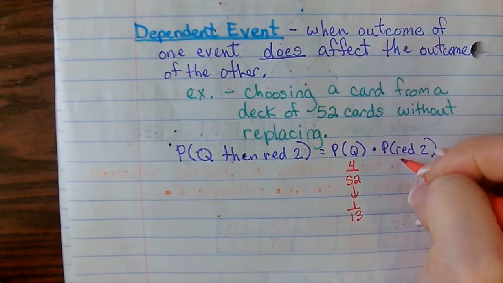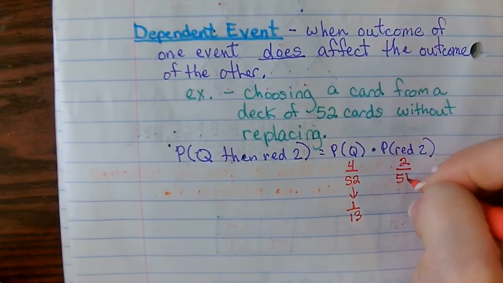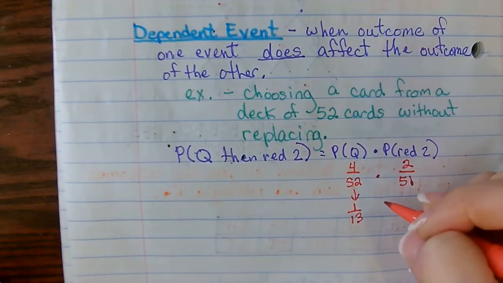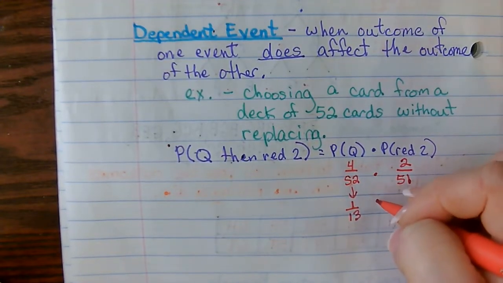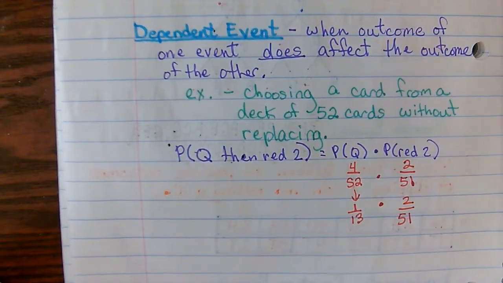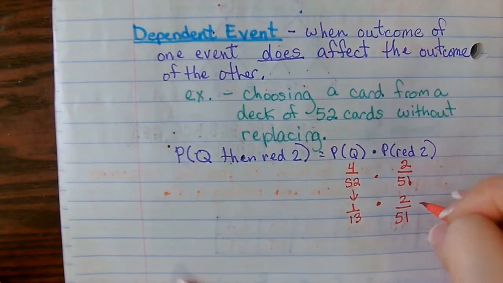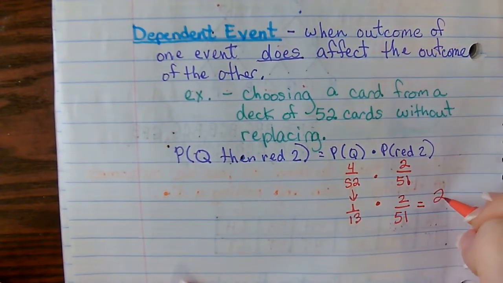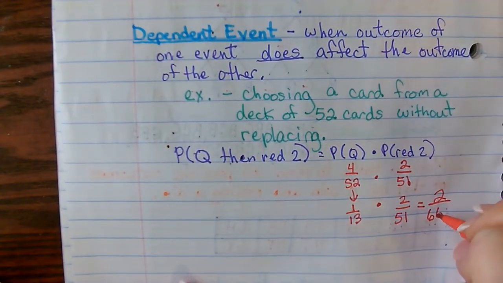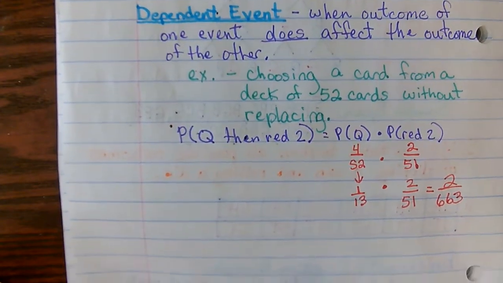And there's only 1 2 in each, so that's 2 out of now 51 cards, because guess what? You took 1 out already. Okay? And we'll simplify that if it can, but I can't. So I'm just going to bring that down to here. And then we will multiply 1/13 times 2 over 51. And that gives us an answer we can't simplify. 2 over 663.